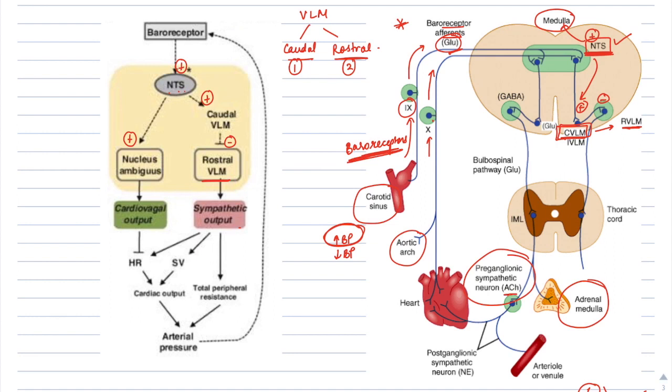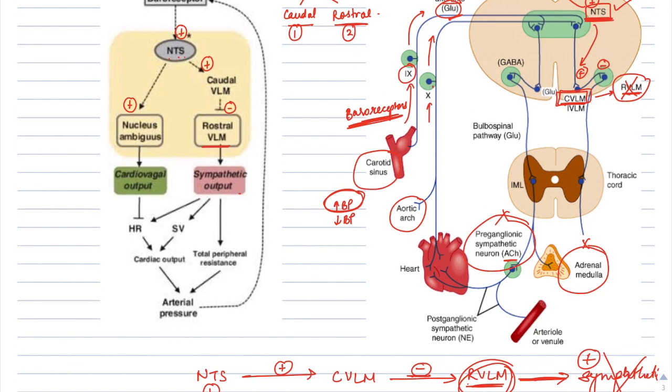So these actually control the sympathetic outflow. When the rostroventrolateral medulla is inhibited, it will inhibit the release of the sympathetic outflow from the adrenal medulla or the sympathetic neurons, and thus sympathetic outflow will decrease, and thus will help in decreasing the blood pressure.